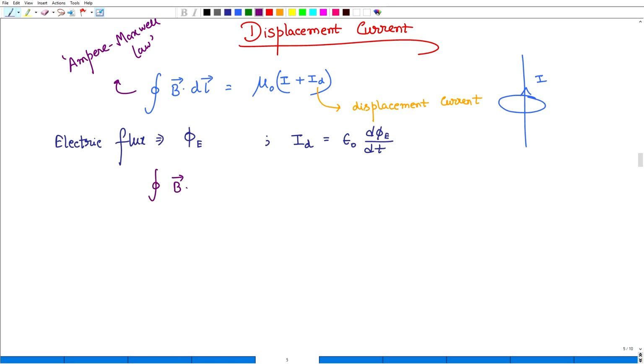In general we can write B dot dl equals mu naught I plus mu naught epsilon naught, where epsilon naught is the permittivity of vacuum, d phi E dt. Okay, this is the Ampere-Maxwell law. What is phi? Phi is the electrical flux, and the form of phi is an integration.